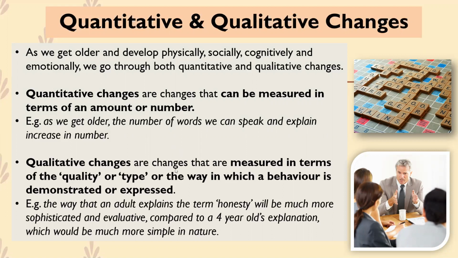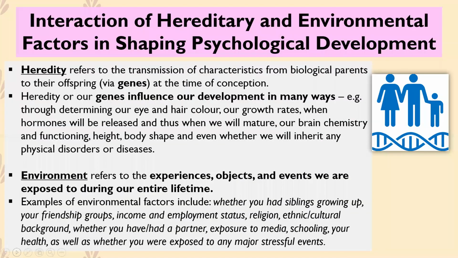Whereas a 30-year-old might say, well, happiness to me is about being in a job that I enjoy, or being able to provide for my family and see that all their needs are met. Okay, so it's a very different kind of perspective of happiness there. And the way you describe happiness is a qualitative change, because it's not looking at the number, it's looking at the description. Okay, so that's basically quantitative and qualitative changes.